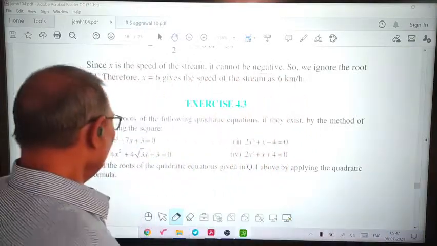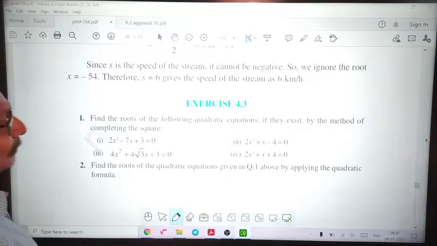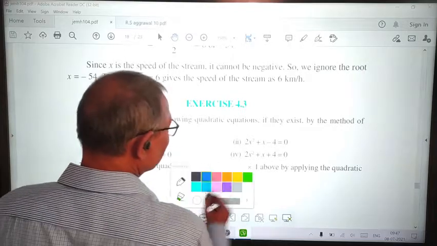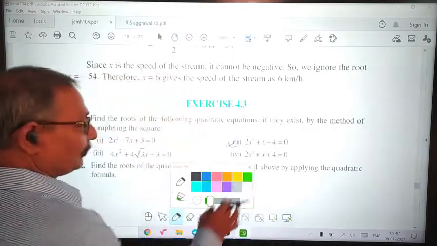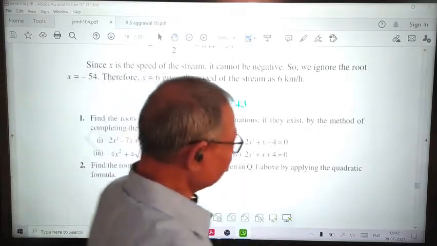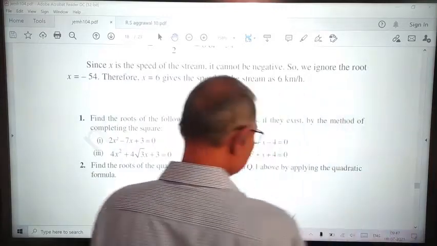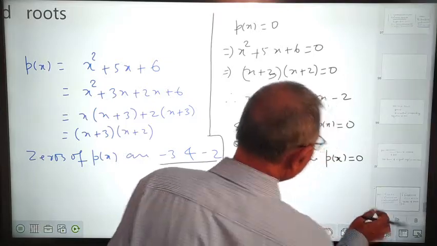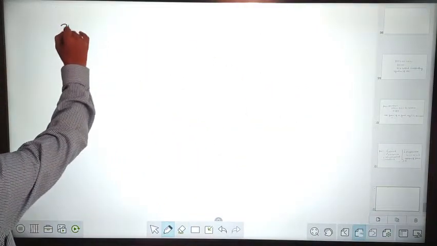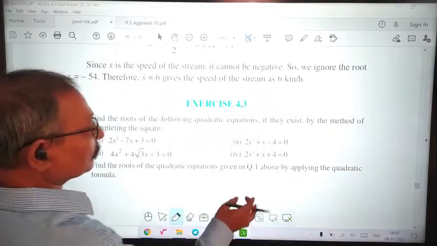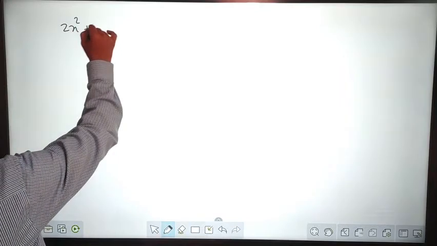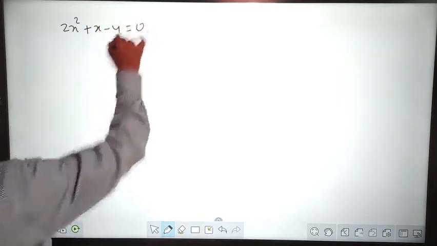So I am taking any of the questions. Suppose that I am taking the second one. Presently I am taking the second one. Okay, 2x square plus x minus 4 is equal to 0.